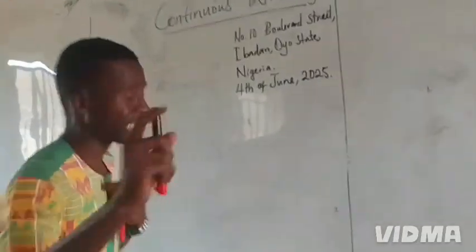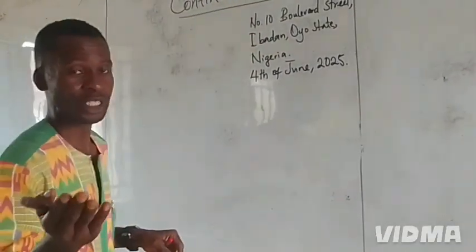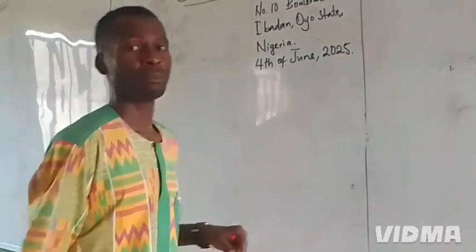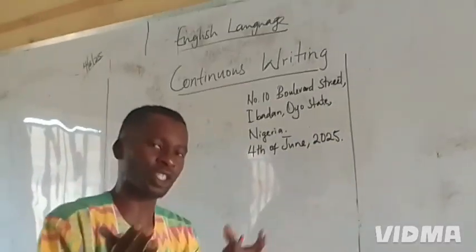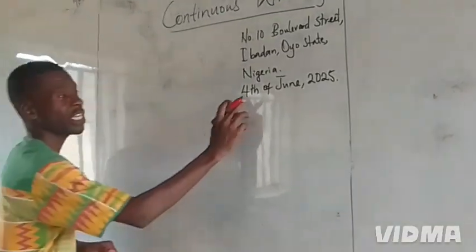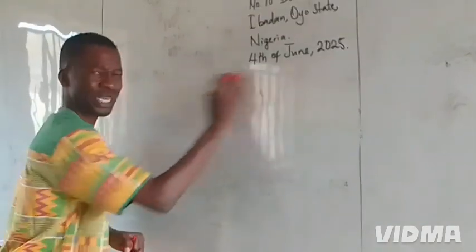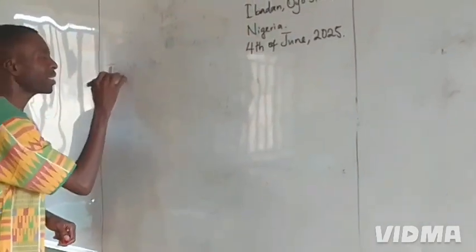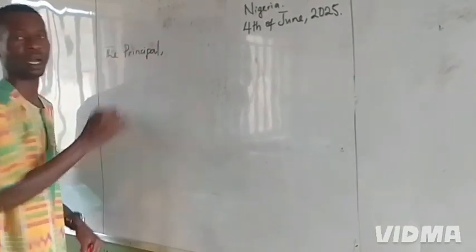Now, in that letter, it must have a recipient, and that recipient must be to a particular person or to a particular position. Let's take, for instance, to a school, to a high school. You are not going to leave a space. The next line, you just write the principal. If it is a company, you can write the manager.